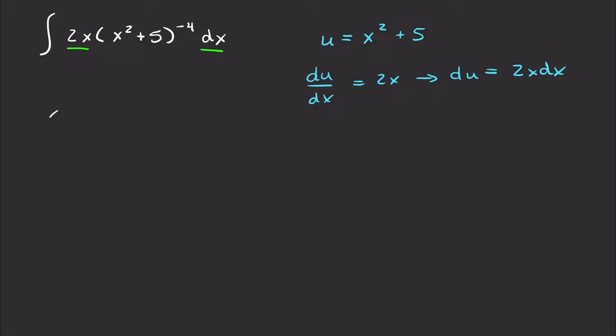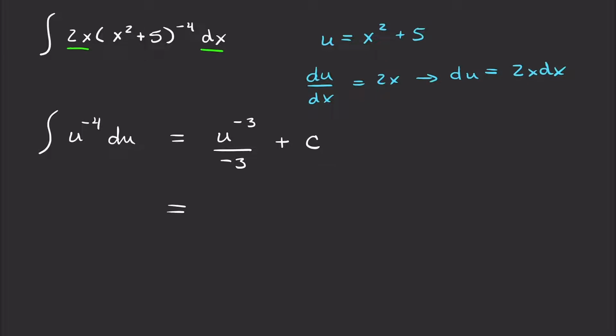If we do that, then x squared plus 5, that's our u, so it's u raised to the minus 4th now, and 2x dx is just du. Now we're ready to integrate. We need to increase the exponent, so minus 4 will go to minus 3, and then we need to divide by that new exponent and include our constant of integration.